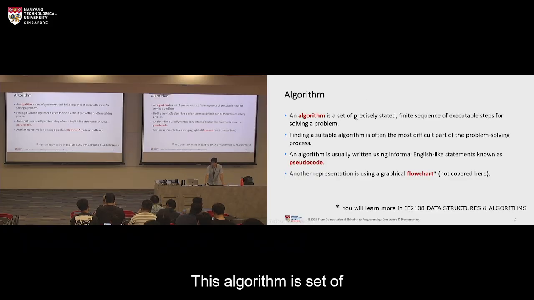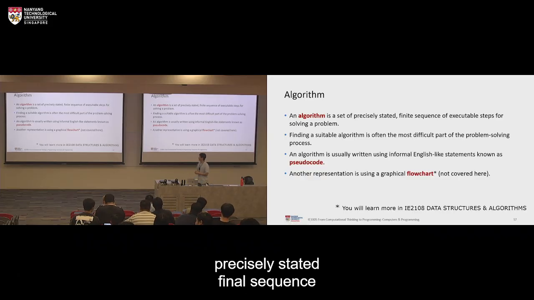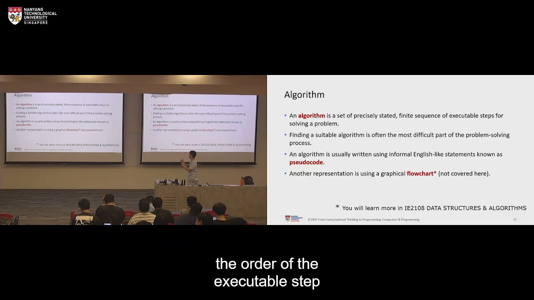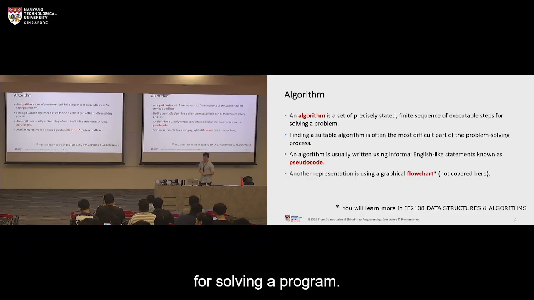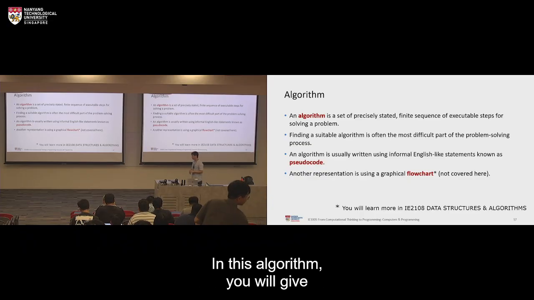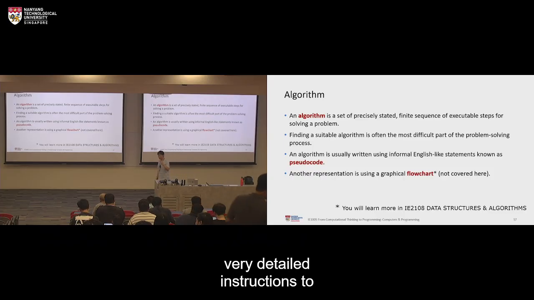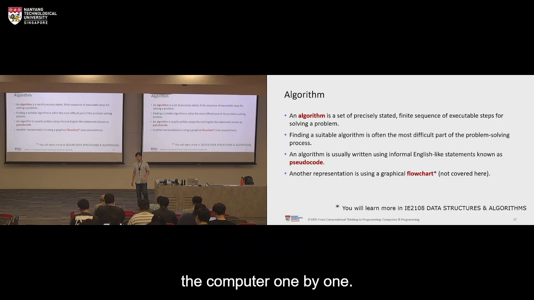So an algorithm is a precisely stated, finely sequenced order of executable steps for solving a problem. In this algorithm, you will give very detailed instructions to the computer one by one.